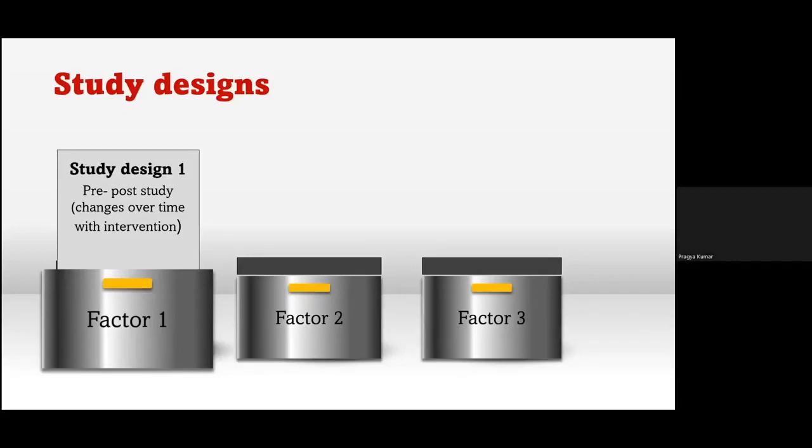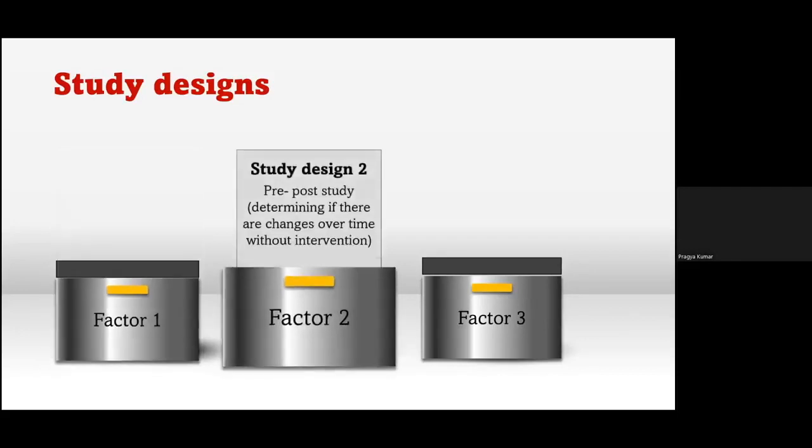So in both these cases, you have got a pre-post study. You are using a single tool for measurement, a pre-test and a post-test. In that case, you can apply this McNemar test. So it is a pre-post study where you measure the changes over time with intervention. The second type could be a pre-post study where we determine changes over time without intervention, like season.